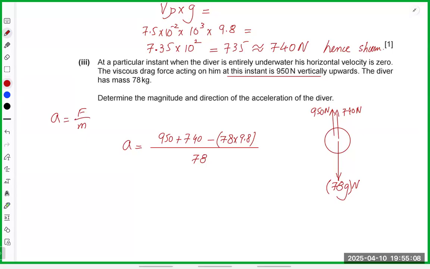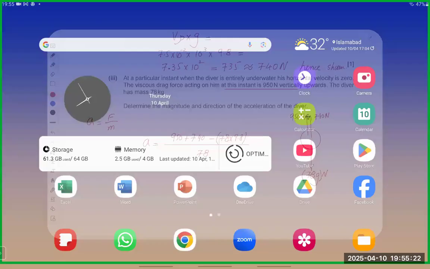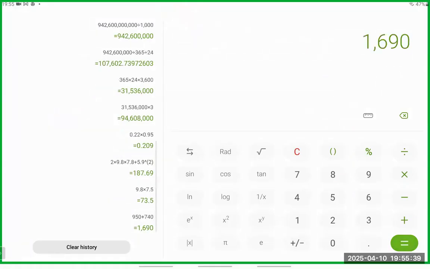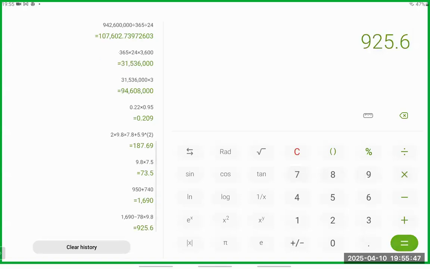So we're going to, let's use a calculator to find out. 950 plus 740, I think it is 740, minus 78 times 9.8.